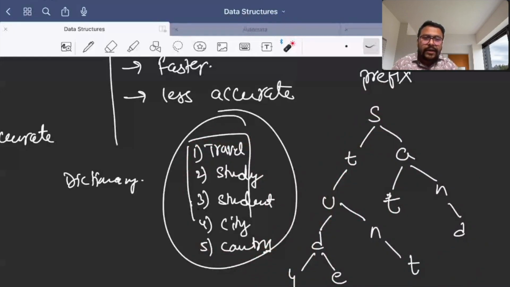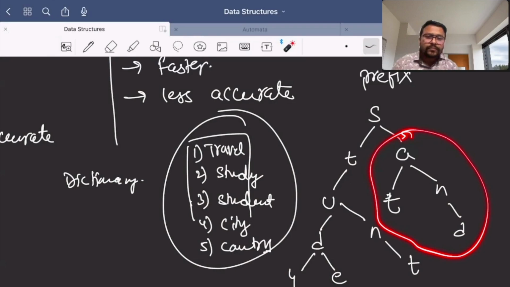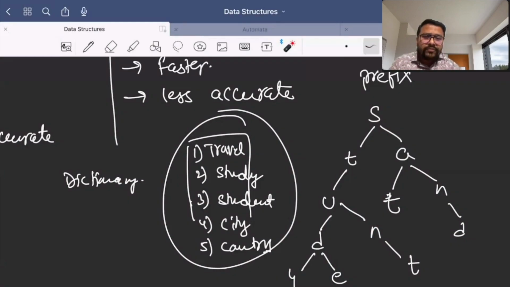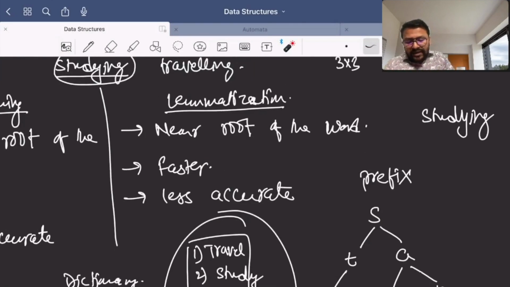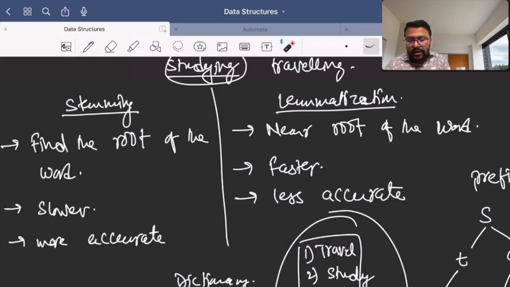It is also less computationally expensive because it gives us log n time. Every time we are removing half of the tree, so it is faster but less accurate, giving us a word near to the root. So these are the two types: stemming and lemmatization.